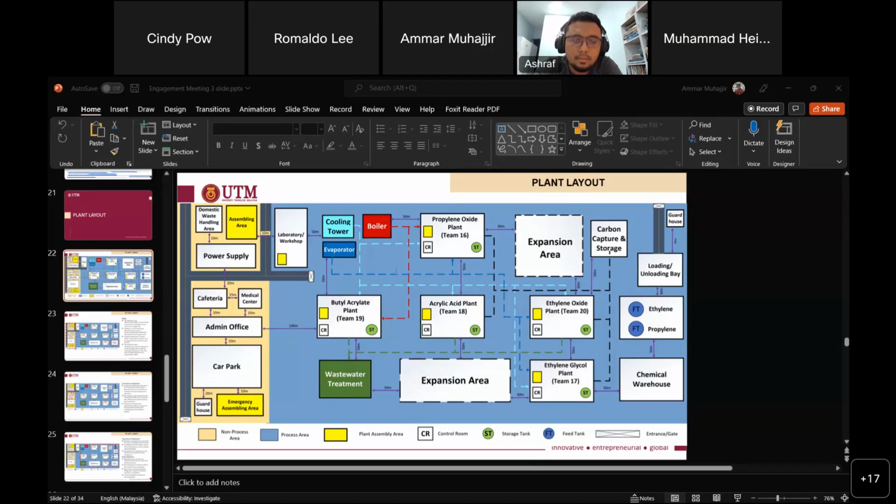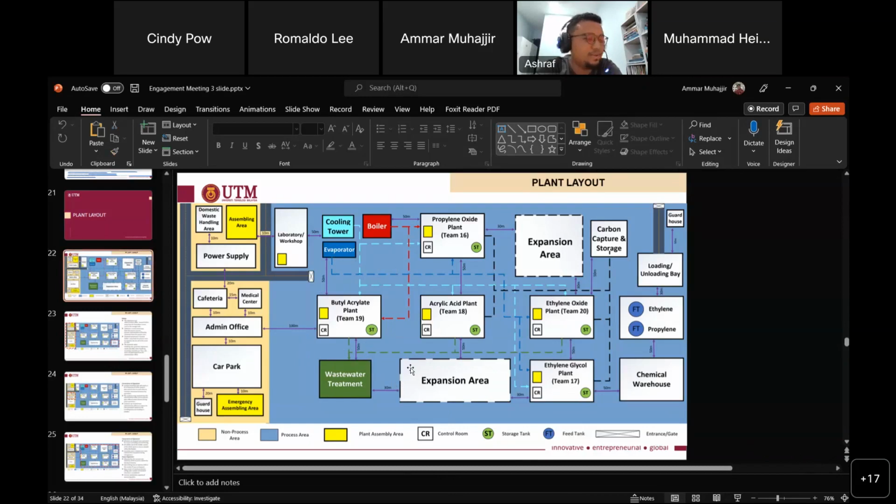From the rubric guideline, it says that the layout should consider an appropriate scale of land area. I don't really understand this. Does this mean the dimensions? Dimension, right. So is the dimension here logical?